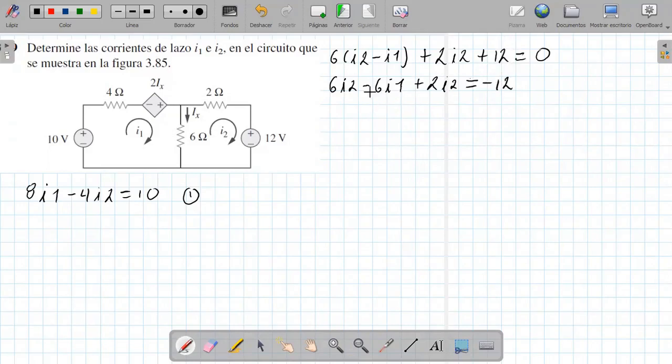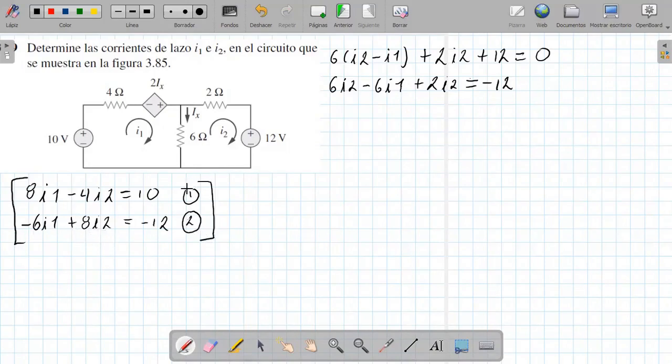If I operate whatever has I1 and I2, it would be minus 6 I1 plus 8 I2 equal to minus 12. This is equation 2. So I have 2 equations with 2 unknowns.